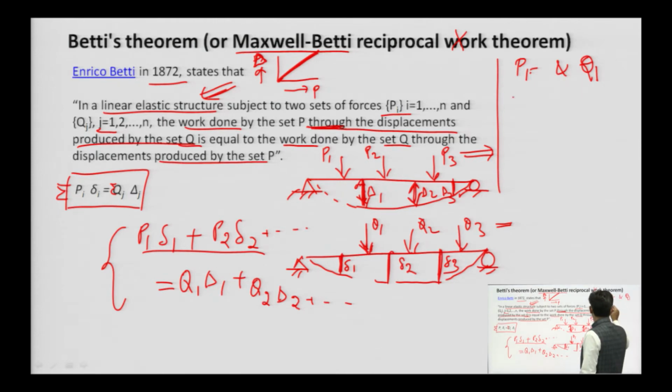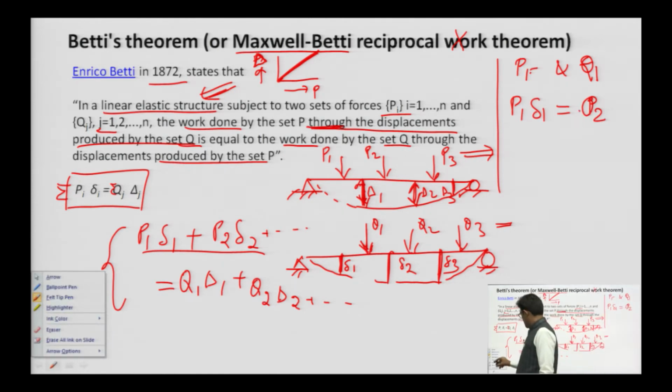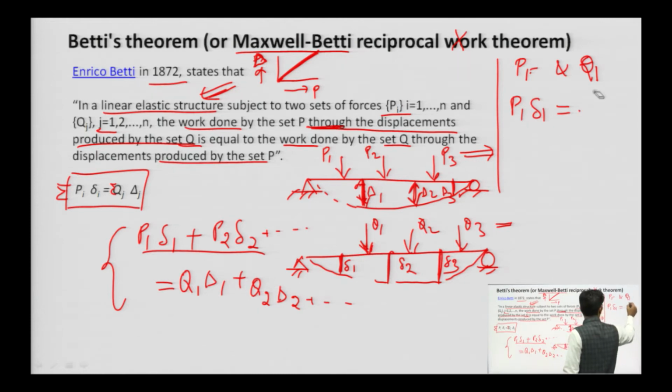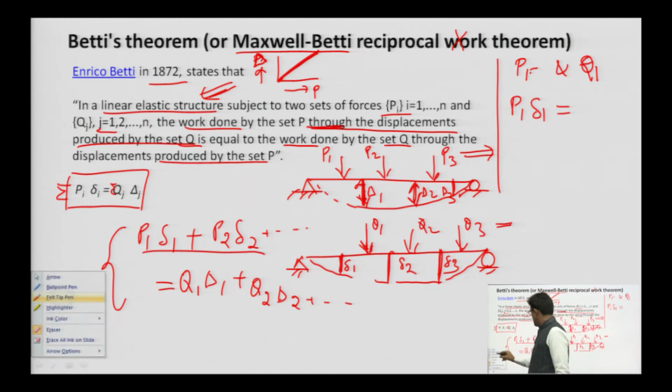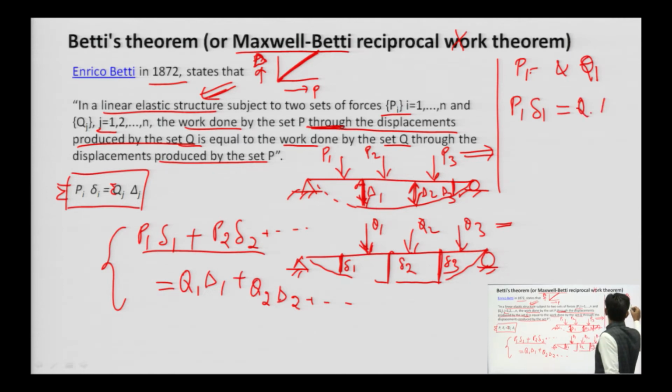Then we will have P1 into del 1 is equal to Q1 into del 1. Now, if P1 is equal to 1 and Q1 is also equal to 1, then del 1 is equal to small del 1.